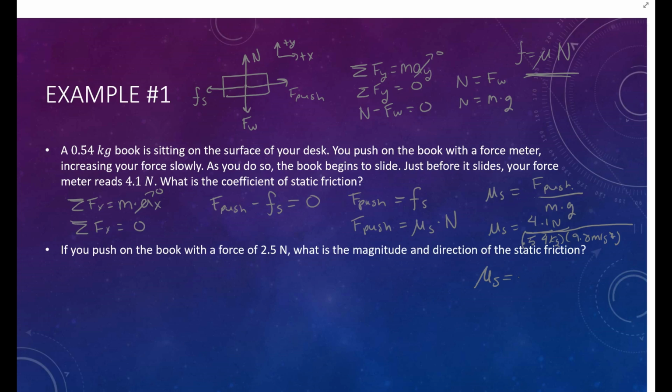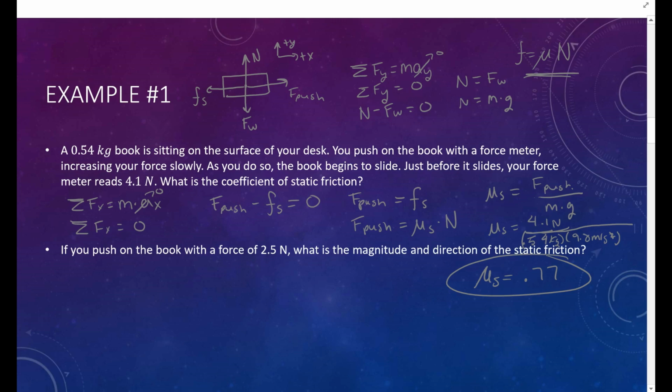Did you put your 0.54 times 9.8 in parentheses? 0.78. No. That sounds closer, but I'm not sure. Where'd my calculator go? Is it 0.77? Cool. We got enough consensus that I'm just going to go ahead and accept it.